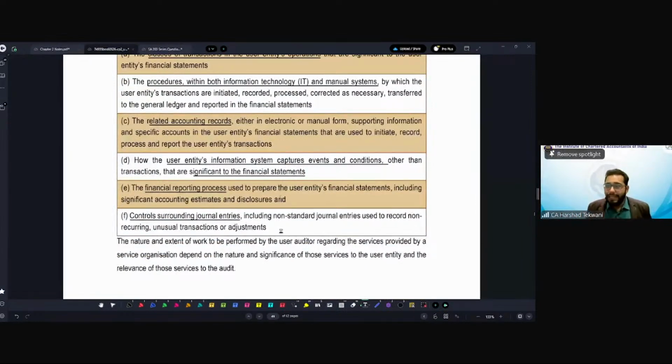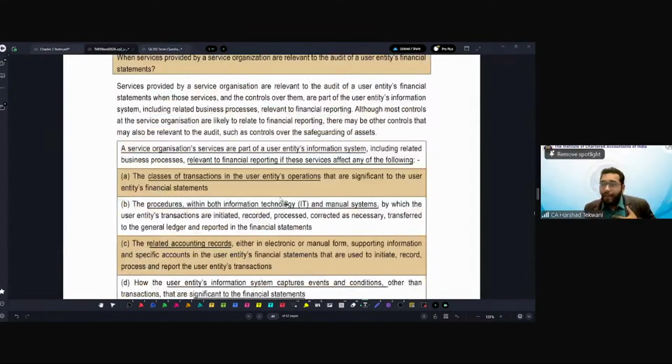If any of these is happening, then I would say the service organization's services are impacting my financial statement. Yes, Pooja.